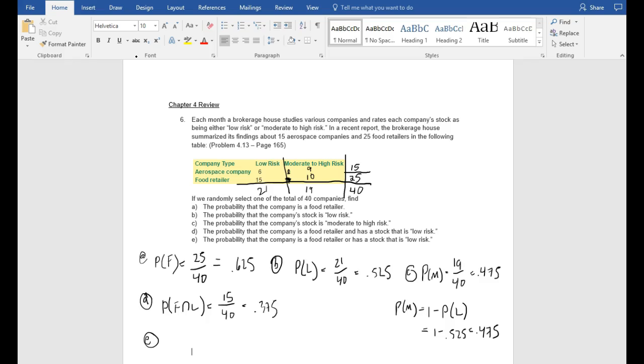And then lastly, E. The probability that the company is a food retailer or has a stock that is low risk. So this is probability of F or L. And we know from our addition rule for non-mutually exclusive events that this is going to be equal to the probability of F plus probability of L minus their intersection.